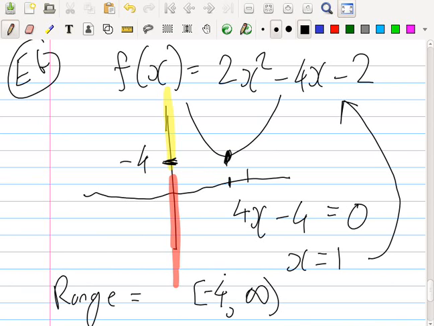Second derivative. What's the second derivative here? 4. Is that positive or negative? Positive. Positive represents a minimum. Okay. If it was negative, then it'd be a maximum. The graph would be upside down, and your answer would be minus infinity to minus 4, and you can't make the values above it.